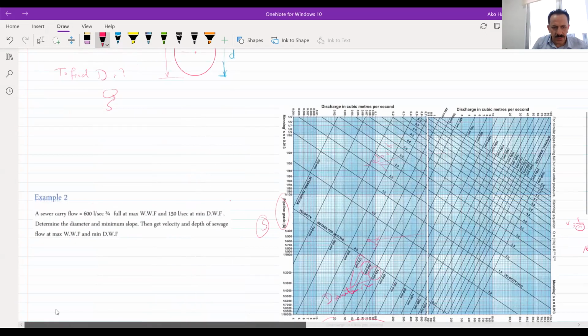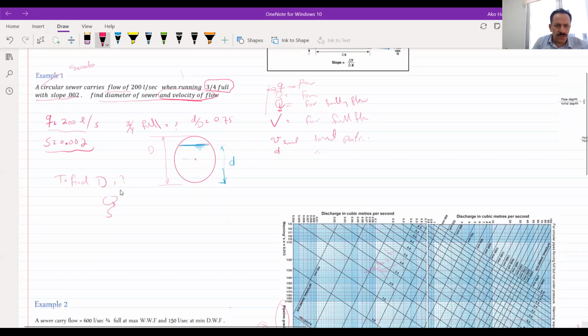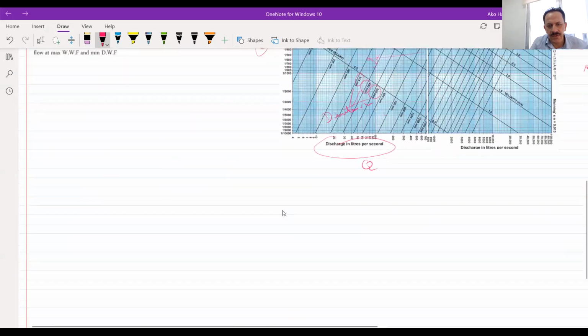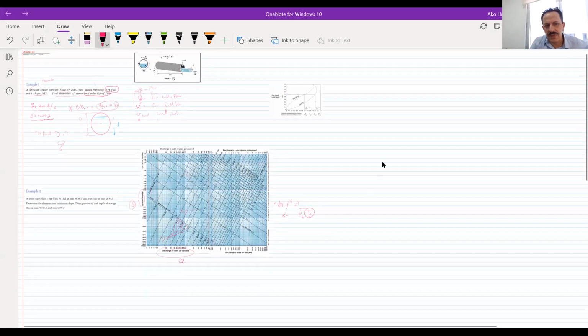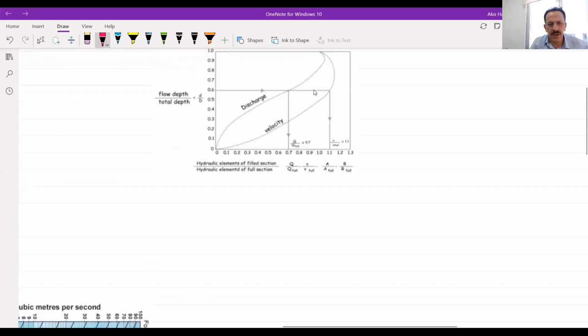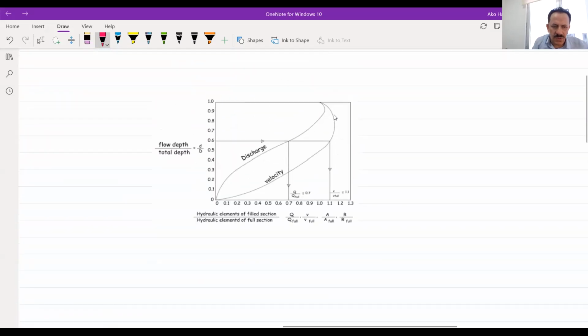So what I will do, I will just go to this d over D. And remember that I have a curve that will help me to find the full flow. For d over D equal to 75% or 0.75, here's 0.8, this will be 0.7, so this is 0.75.